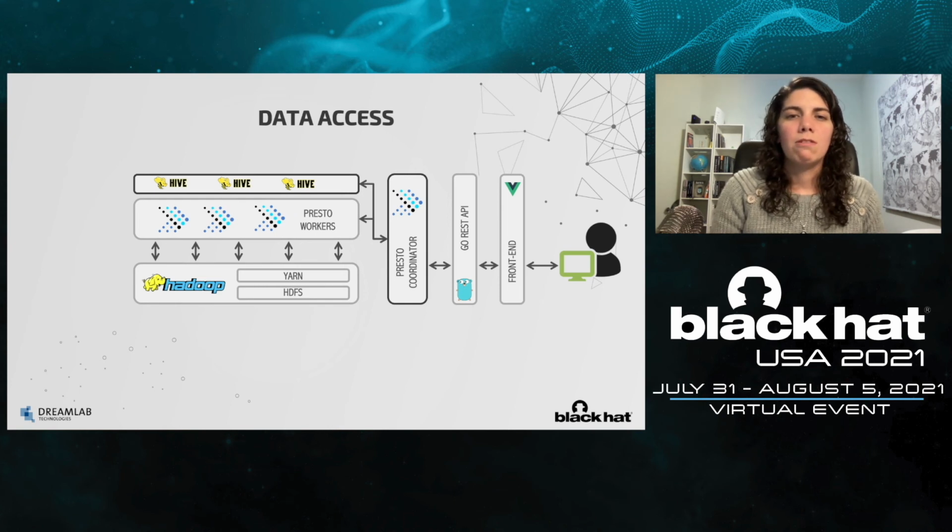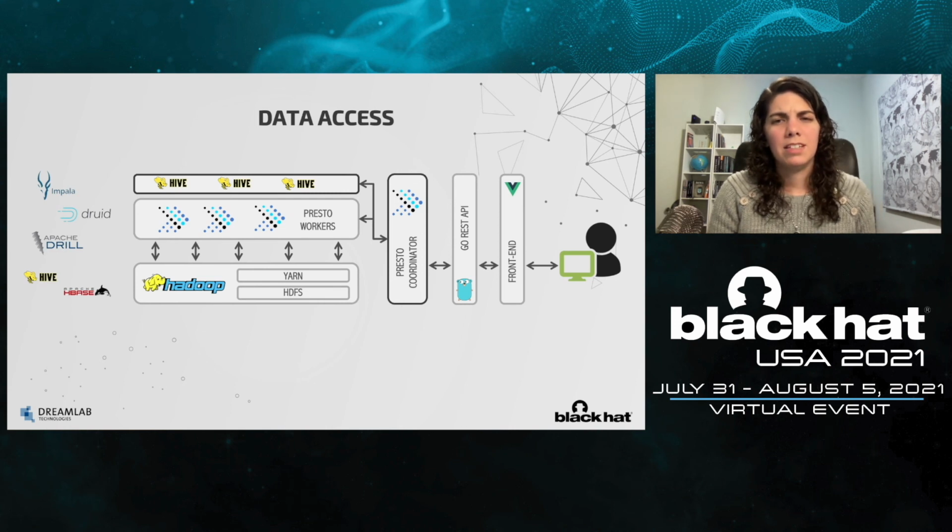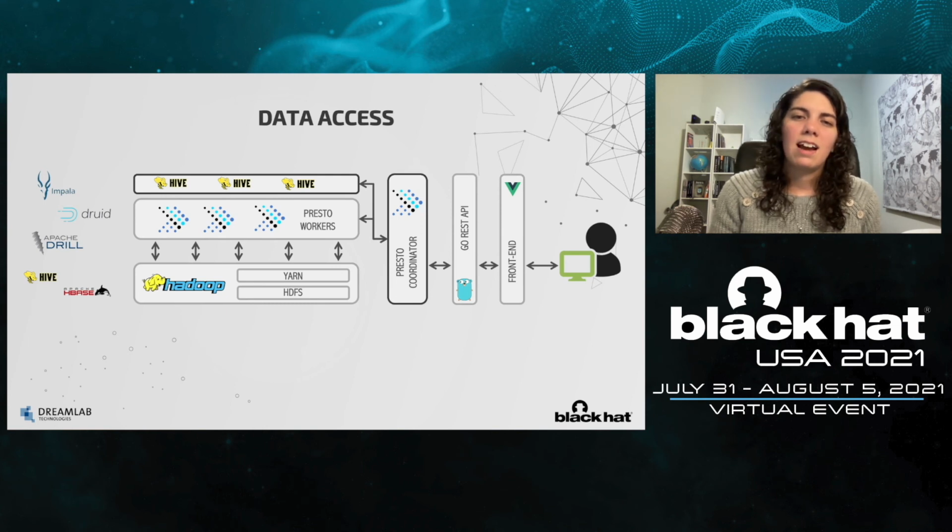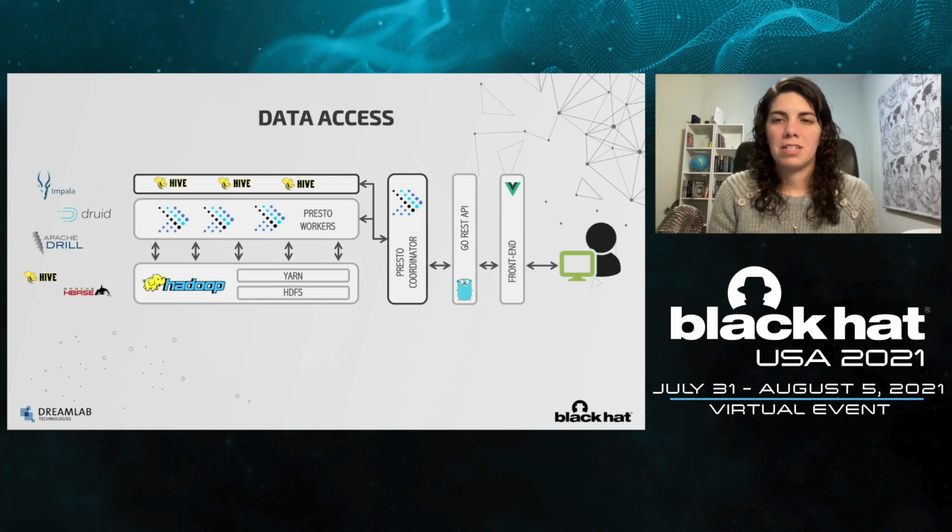Hive and HBase are HDFS-based storage technologies, but they also provide interfaces to access the information. So for example, Presto needs the Hive metastore to query the information stored in the Hadoop file system. These technologies expose dashboards and interfaces that can be abused by an attacker if they are not rightly protected.